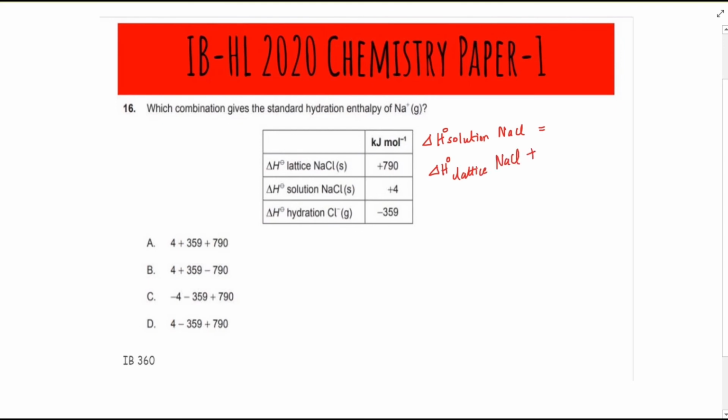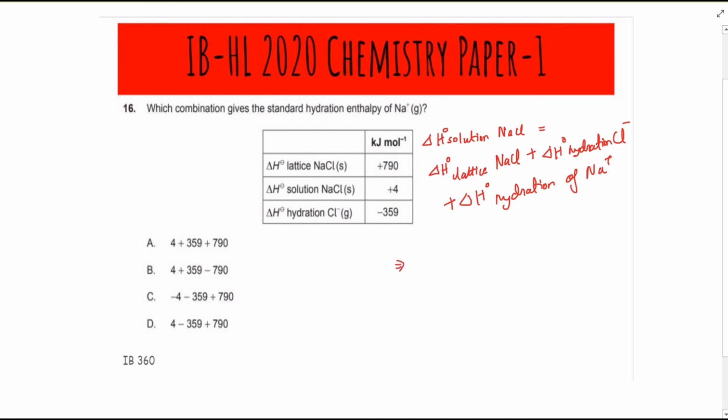As the structure is broken, we get Na+ and Cl-. The next step is that these Na+ and Cl- ions get dissolved in water. So we would write delta H naught hydration of Cl- plus delta H naught hydration of Na+.